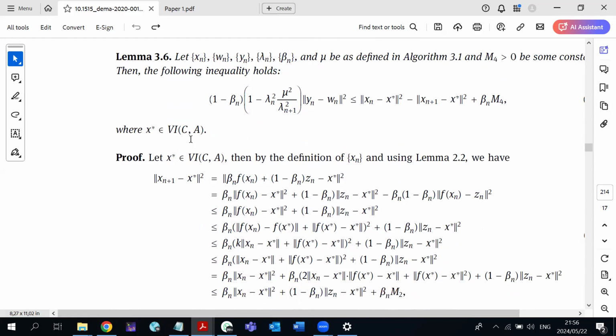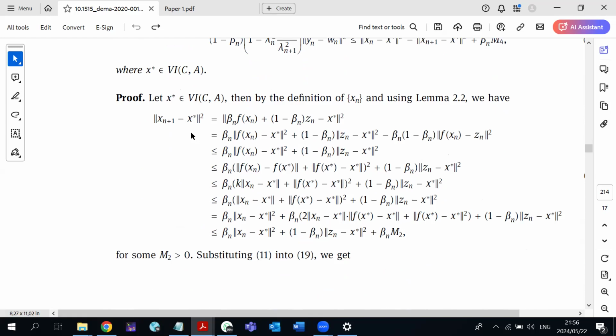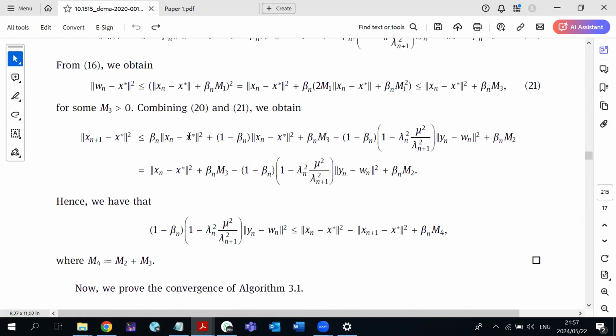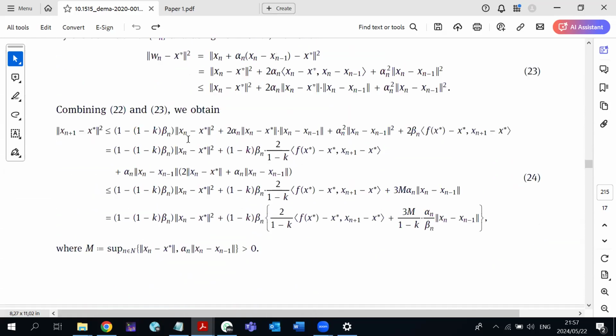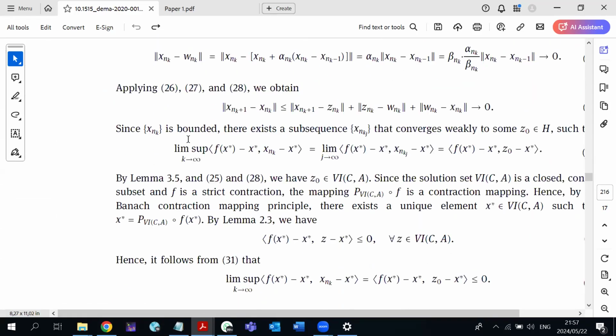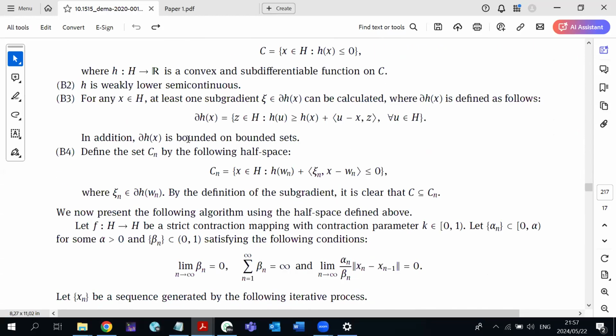Briefly, what I was saying about this paper is that the two proposed algorithms are proved to have strong convergence results, which is better than weak convergence. We also have a numerical example that was used to back the two iterative algorithms up to show the efficiency of the algorithms.